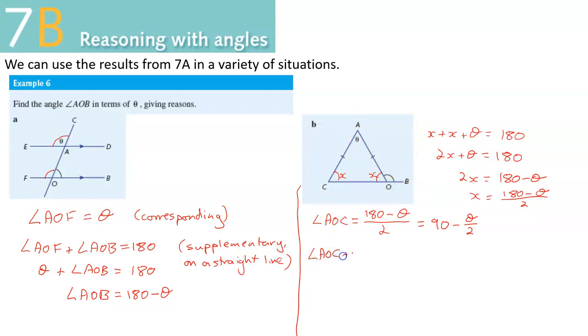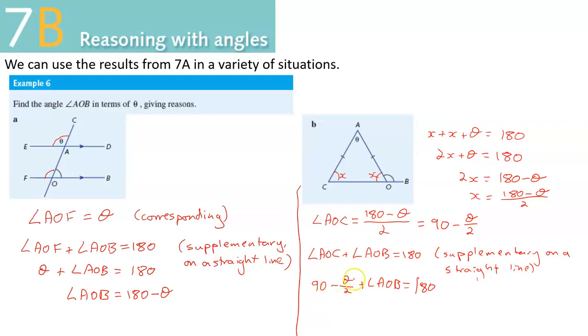So AOC plus angle AOB equal 180. And so angle AOC, remember from here, I've got 90 minus theta over 2, plus angle AOB equals 180.